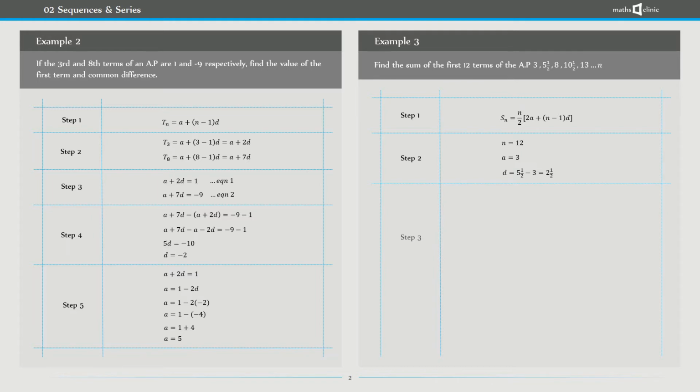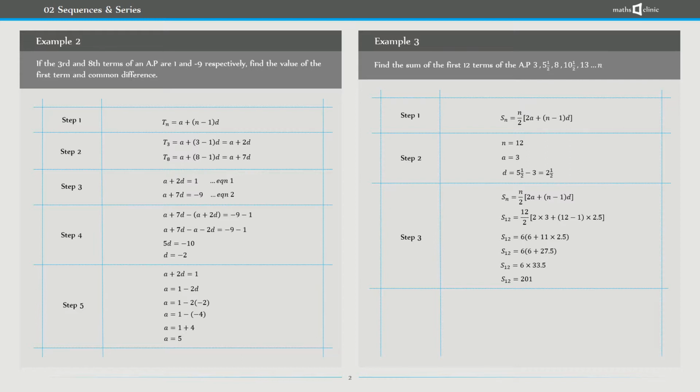Now we simply input our parameters into the formula, so S12 equals 12 over 2 multiplied by 2 times 3 plus 12 minus 1 multiplied by 2.5. If you solve that out, you would have that S12 is 201.